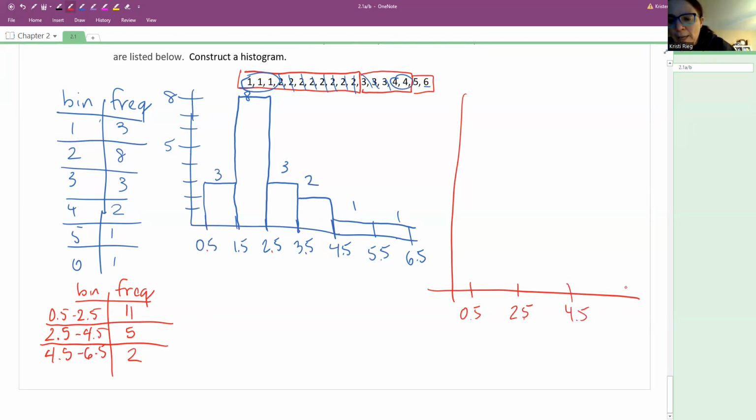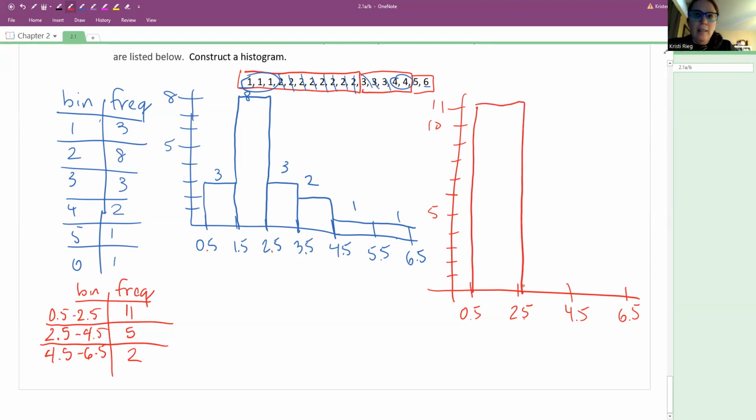So the bins are wider, and I don't need to write those numbers in between because they're not relevant to this problem. 1, 2, 3, 4, 5, 6, 7, 8, 9, 10, 11. So my first rectangle in red compared to the blue is going to be taller, and it's going to be fatter because it has a bigger bin, and the bigger bin captured more numbers.